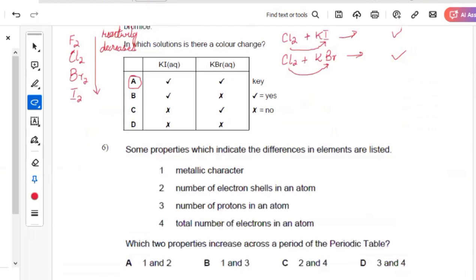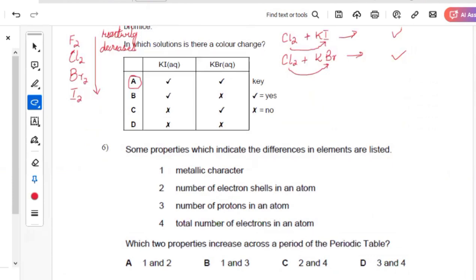Some properties which indicate the difference in metals are listed: metallic property, the number of electron shells in an atom, the number of protons in an atom, the total number of electrons in an atom. Which two properties increase across a period of the periodic table?